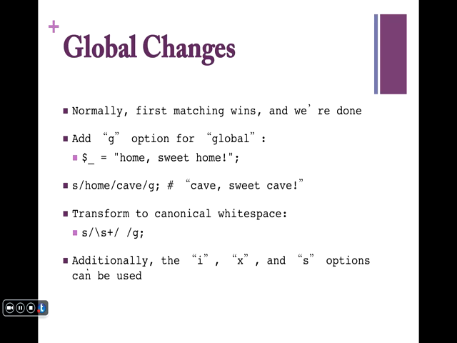I can make it case insensitive by using the i, I can make it readable by adding comments in my expression using x, or I can use it with s for the spaces. Whatever you want to do, you can use it with it.